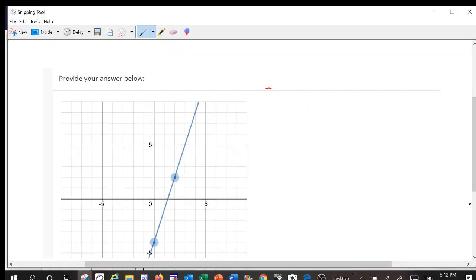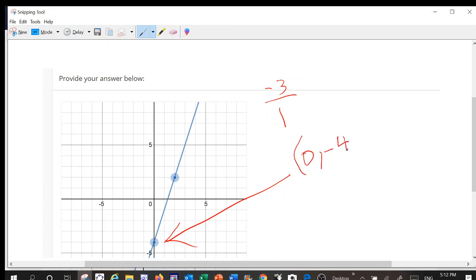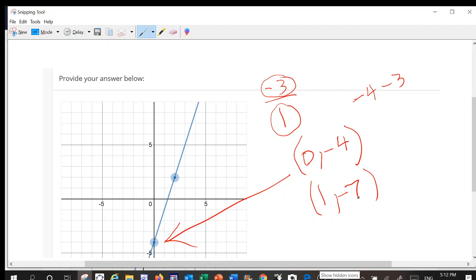So negative 3 over 1 is the slope. Now we know this point right there is 0, negative 4. So the slope says if you add 1 to x, you have to subtract 3 from y. That means if I move to the right one, I have to go down 3. So if I add 1 to 0, I have to subtract 3 from negative 4. Negative 4 minus 3, that's negative 7.